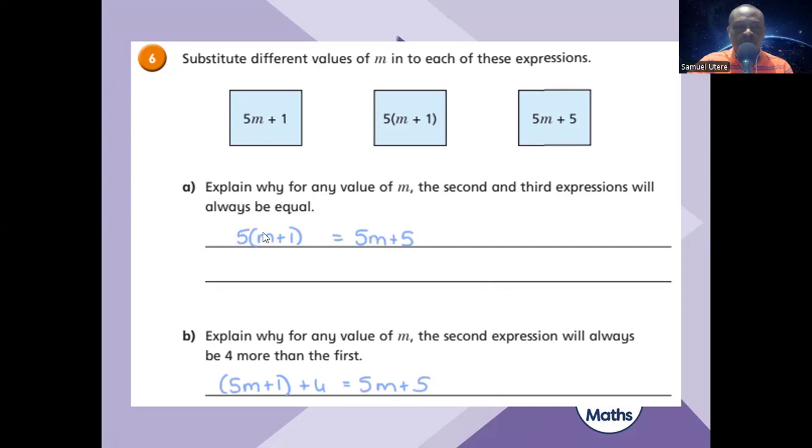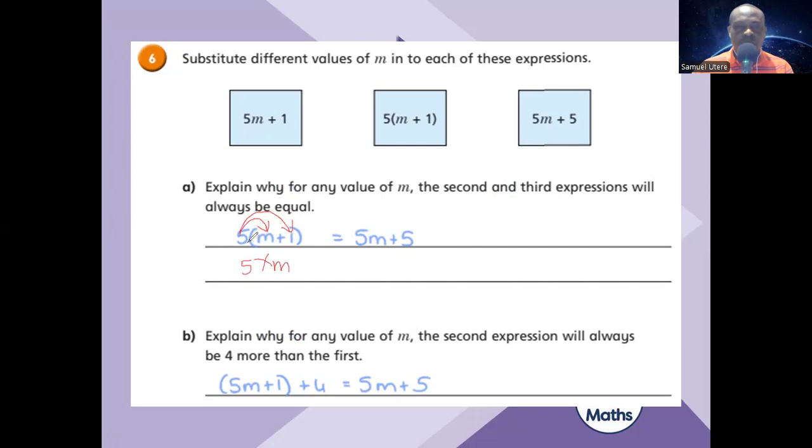Okay, to always be equal, because if you remember from one of our lessons, this is like this. If you remember, I did say we'll come across this at some point. So this is like saying 5 times M plus 1.